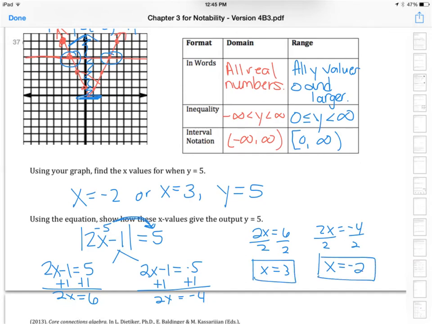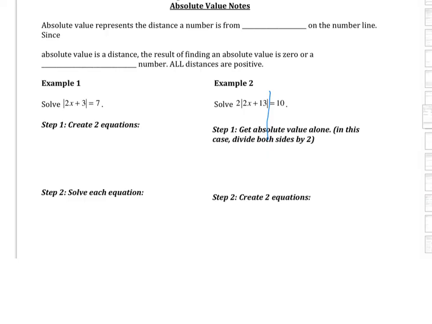So what you'll find is absolute value always has two solutions. Unless, of course, you get the absolute value of 0, and then that's your special case with only one answer. Or if absolute value equals a negative, because we know that's just plain not true. Absolute value always comes out positive. So here's some more about how to solve absolute value equations.